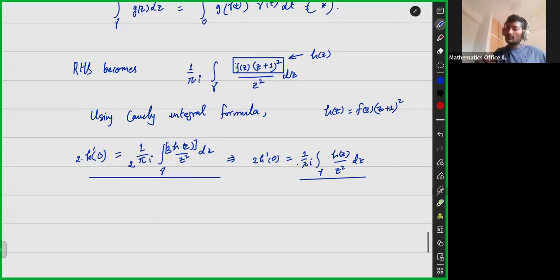So from here what we get, RHS is equal to 2 into h prime at 0.